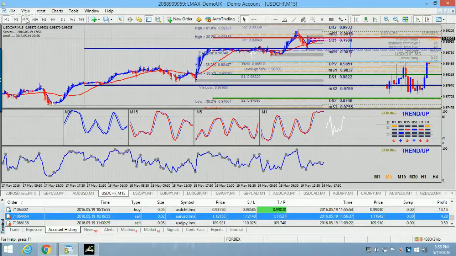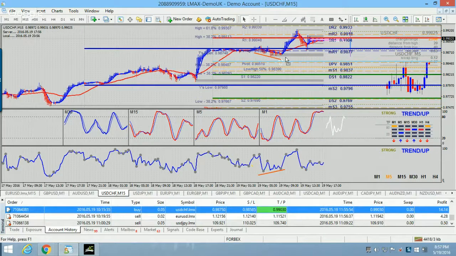and yes, here is where our divergence was. Yes, we got a signal at that time, and here is the trade, how it was executed, and where we set our take profit, of course, at the level of the support.